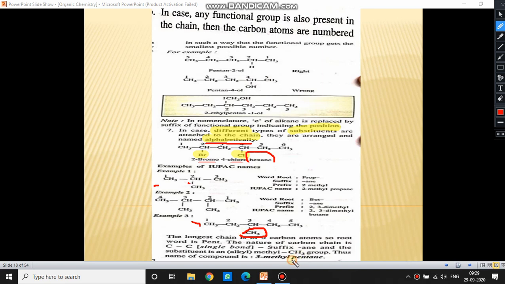We know the parent, it's pentane. And at number 3, if you number from here, number 3, and if you number from here, then also number 3. So both ways are correct. So it is 3 and the name of the guest, that is the substituent, is methyl. So the answer is 3-methyl pentane.